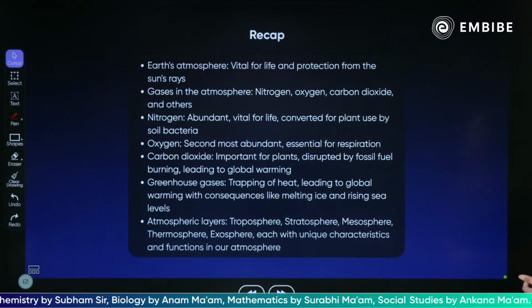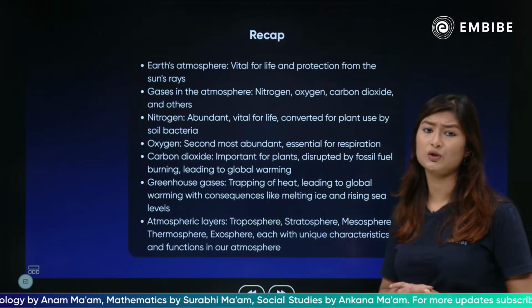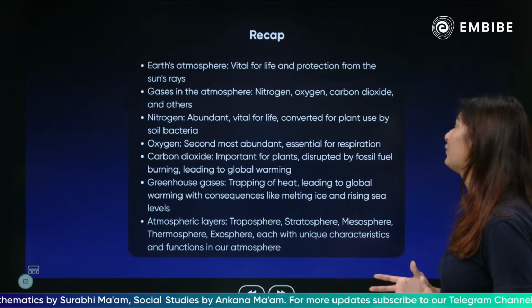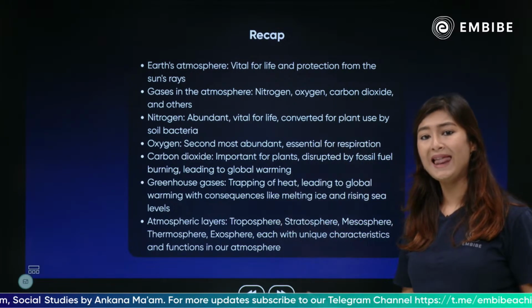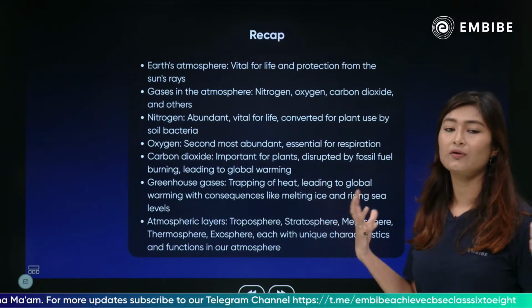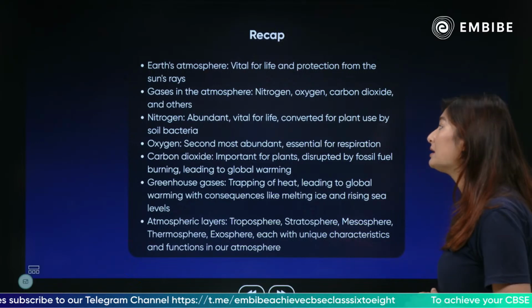Before we begin, let's also have a quick recap. In the previous session, we discussed that Earth's atmosphere is very vital for life because it protects us from the sun rays and forms like a blanket which keeps us covered from a lot of harmful things entering from the universe, primarily the harmful rays being emitted from the sun.